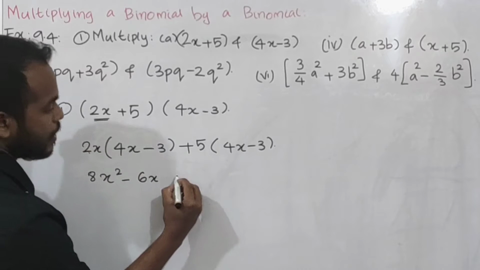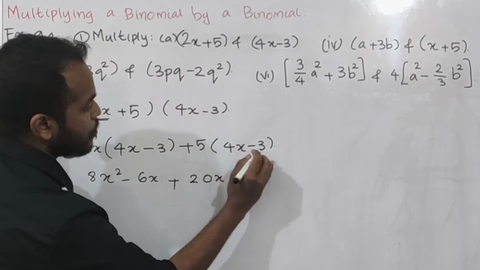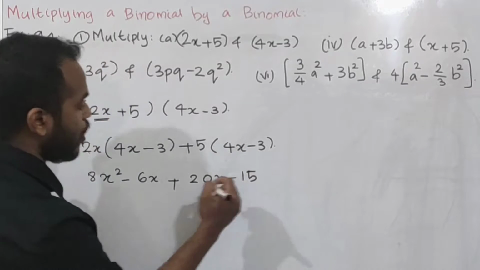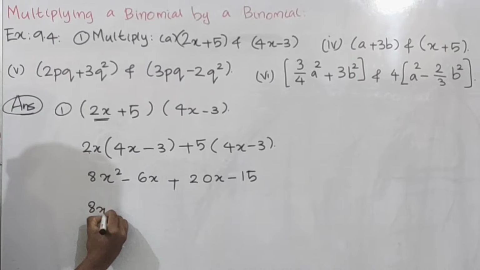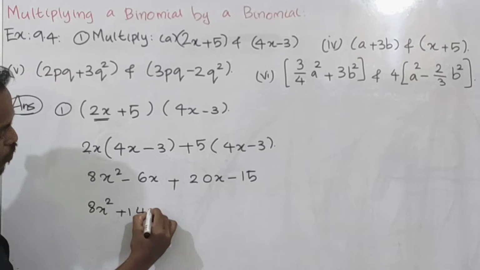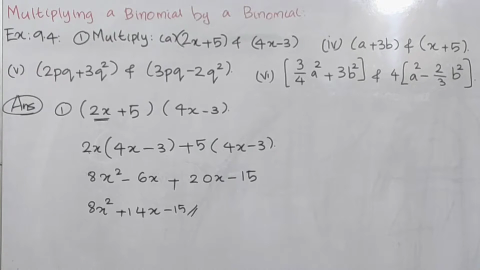That's the end of the first part. Then plus 5 into 4x is 20x. Then minus 5 into 3 is minus 15. Now we have two like terms here. We can simplify them. We have 8x square, then minus 6x plus 20x is plus 14x, minus 15, which will be our required answer.